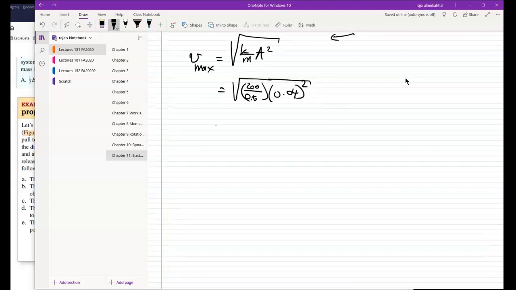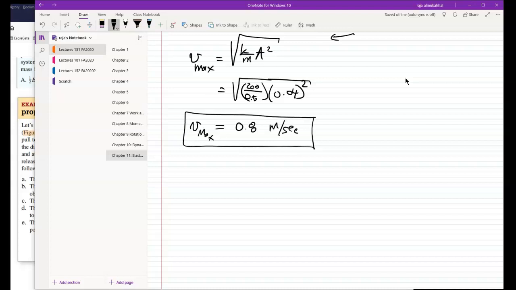When I do the calculations, I got 0.8 meters per second. That's Vmax. Make sense? This is at x equals 0.